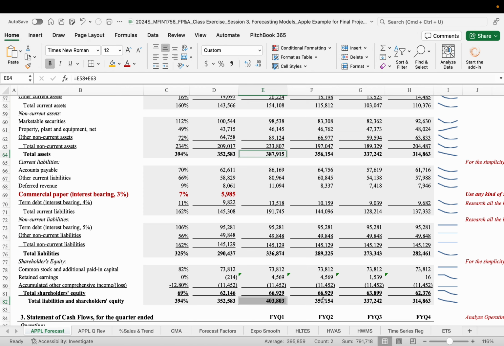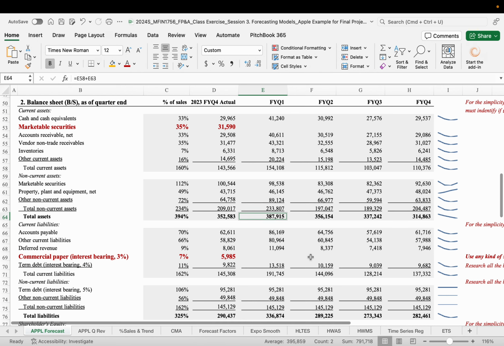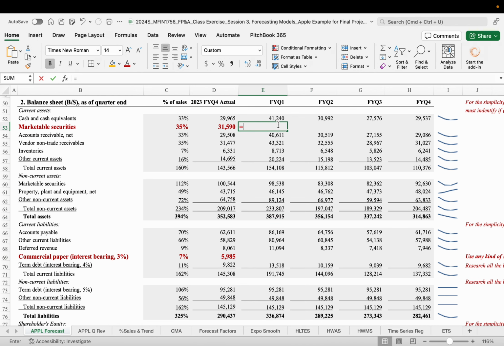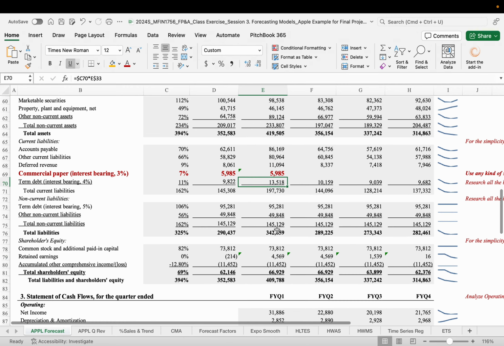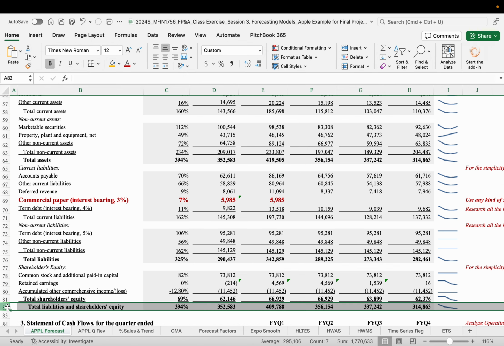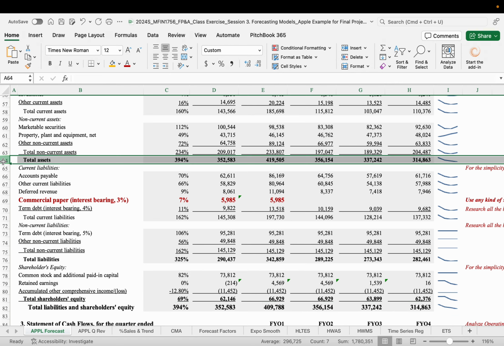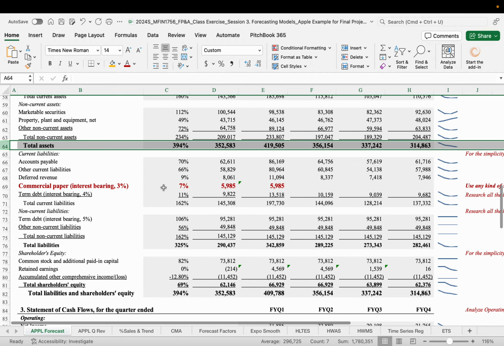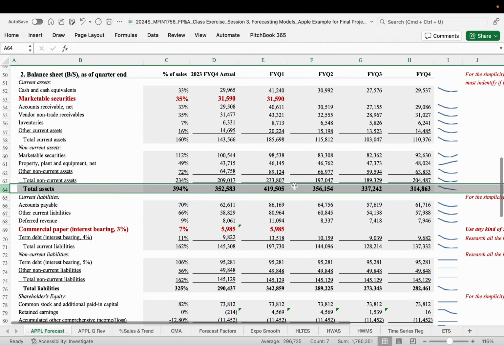The total asset and total liabilities and equity. Here, oh, by the way, we have to get this prior balance first. Then now again, let's compare total asset and the total liabilities and equity. These two. Now which one is bigger than the other, right?